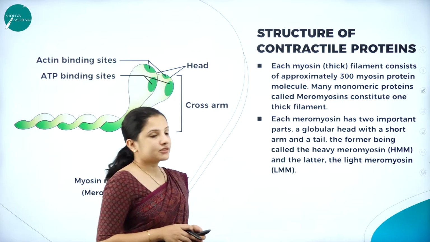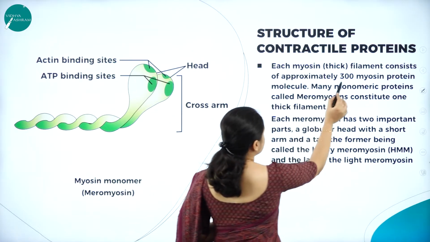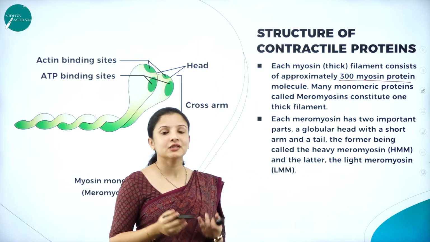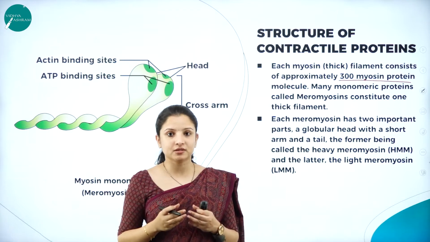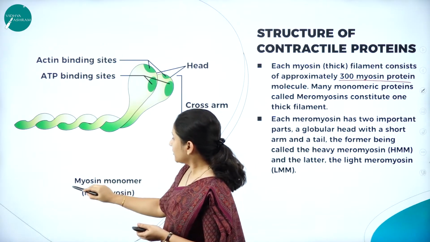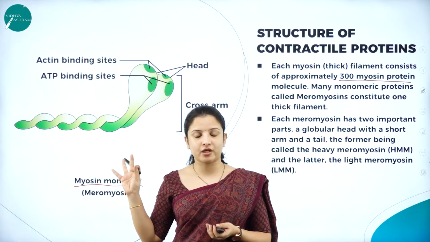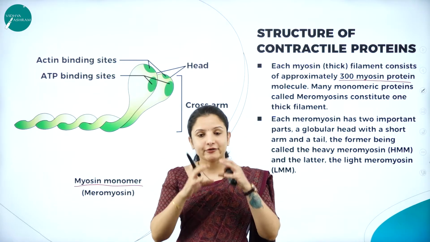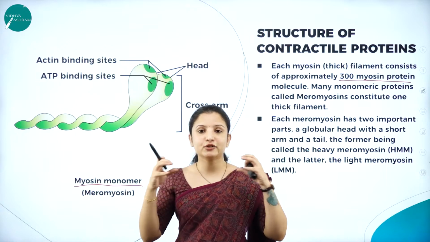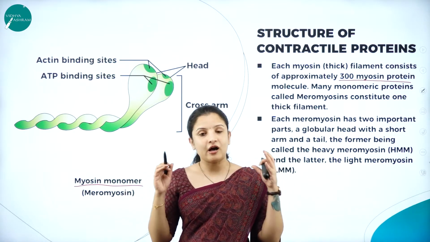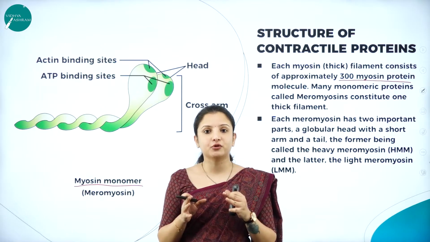Each myosin thick filament contains approximately 300 myosin protein molecules. Again, these are polymers, but they have shown a monomer here. Just one myosin protein molecule is shown here, but many myosin protein molecules are held together to form a polymer, or chain-like structure.